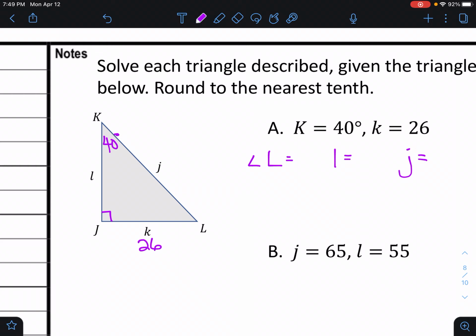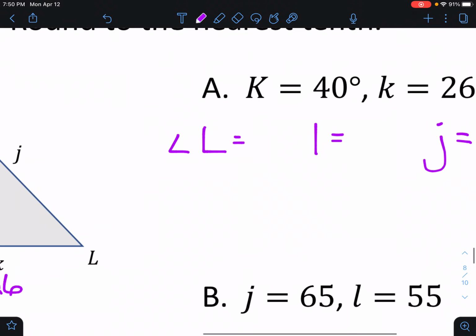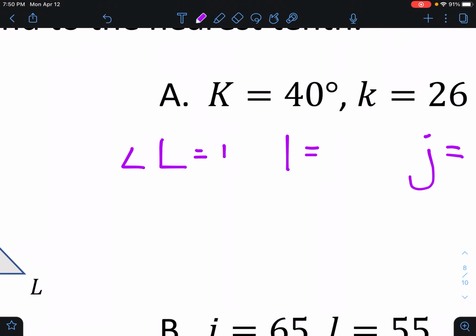Well, I know that this is 90 degrees and this is 40 degrees, so I don't need any trig. I can just use my knowledge that three angles in a triangle add up to 180 degrees. So 40 plus 90 is 130. If it has to add up to 180, then this is 50 degrees.